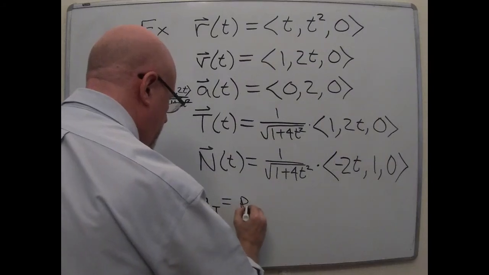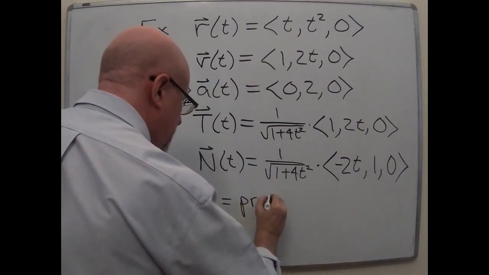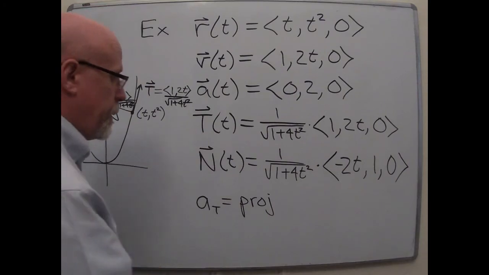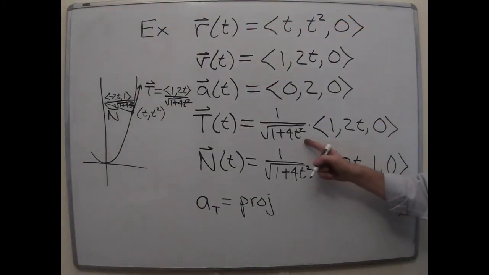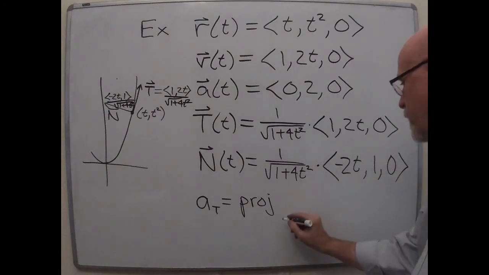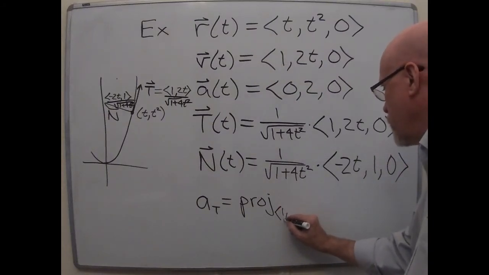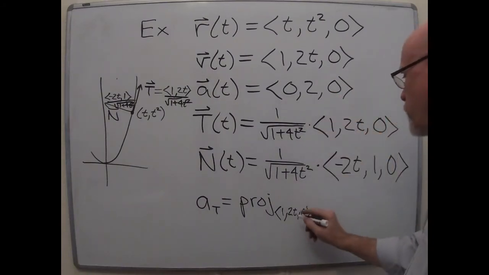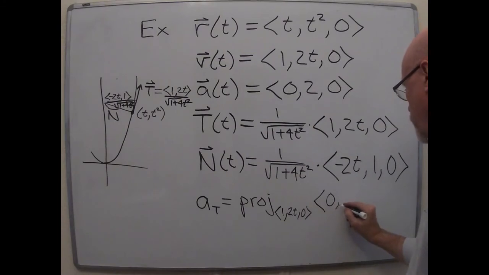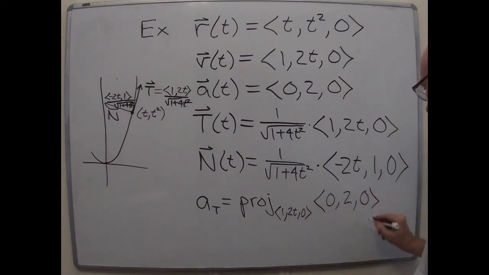That is the projection of the vector A into the direction of T. And that scalar, the ugly part of that scalar, doesn't change the direction of it. So I'm just going to write the vector part. I want to take the projection in the 1, 2t, 0 direction of our acceleration, which is 0, 2, 0. Remember doing the vector projection? You take the dot product and then you divide by the length of this one.